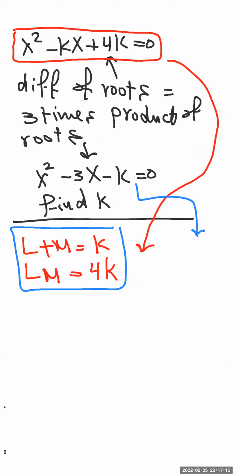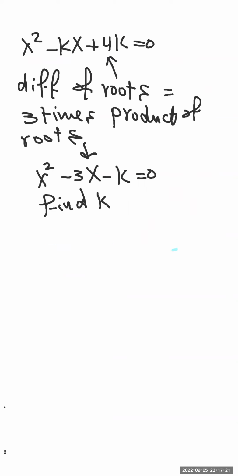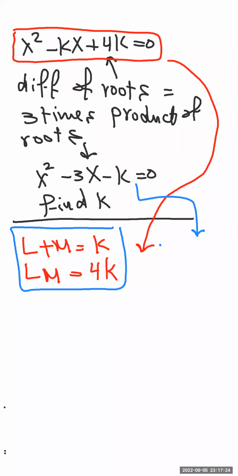Sum L plus M equals 3. Product LM equals negative k. Correct?